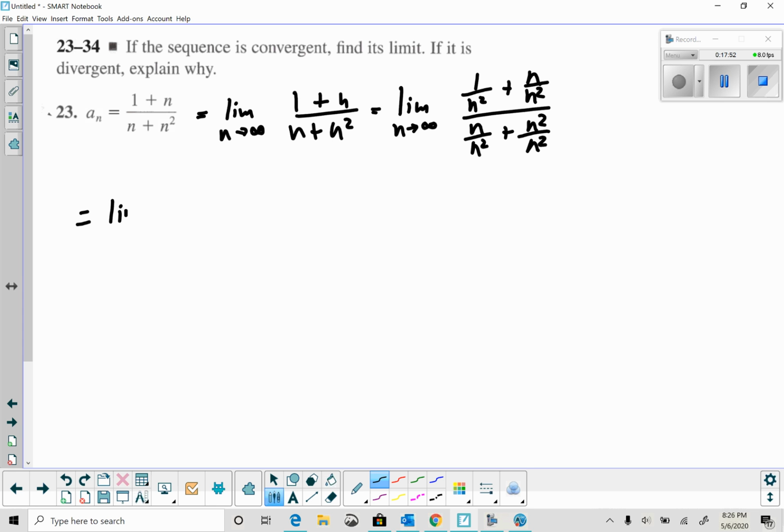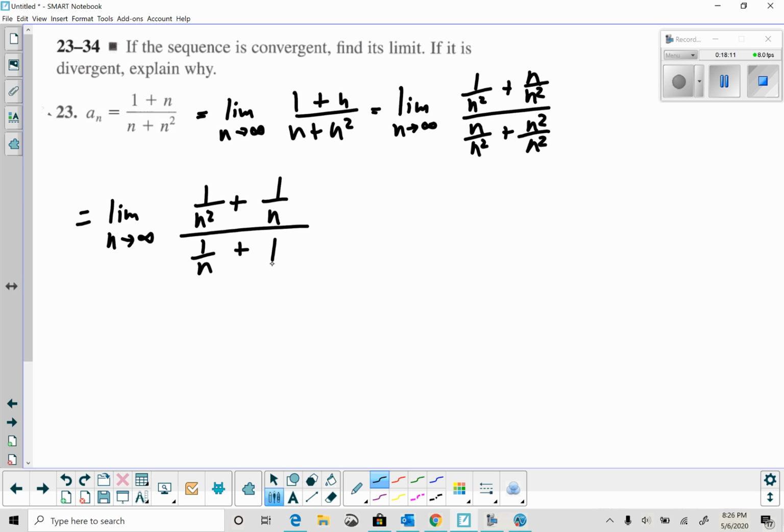Okay, so we get the limit as n approaches infinity of (1 over n squared plus 1 over n) divided by (1 over n plus 1).